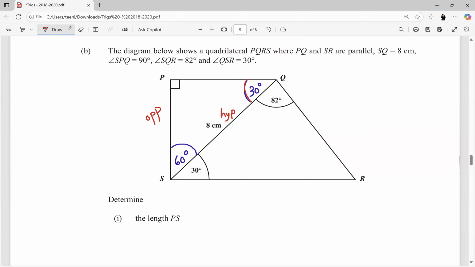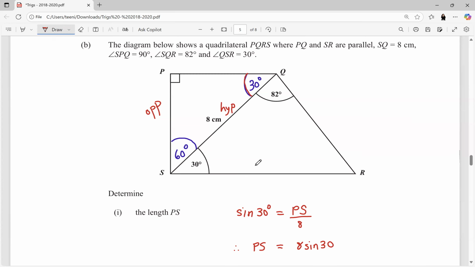We recall which ratio uses opposite and hypotenuse. That's sine. So therefore, sine of 30 degrees is equal to the opposite side, PS, over the hypotenuse, 8. So therefore, PS, the side that we are trying to find, is equal to 8 times sine of 30.